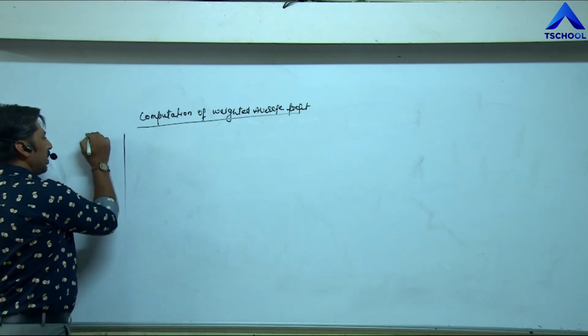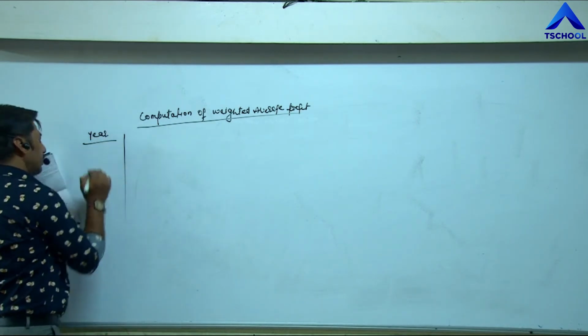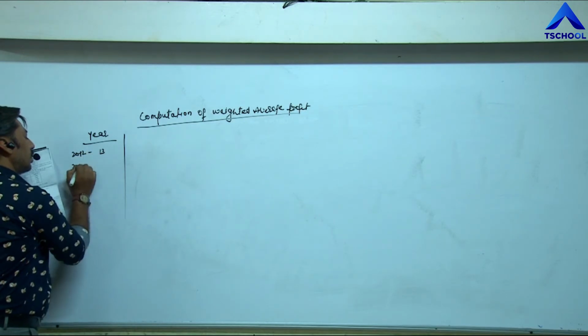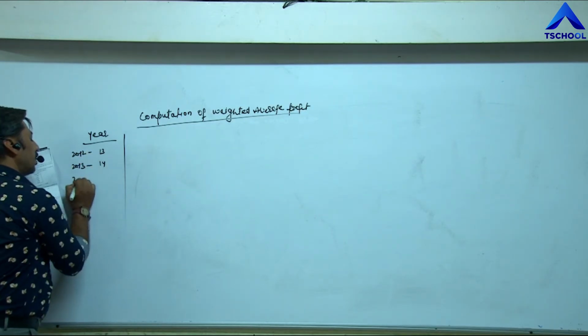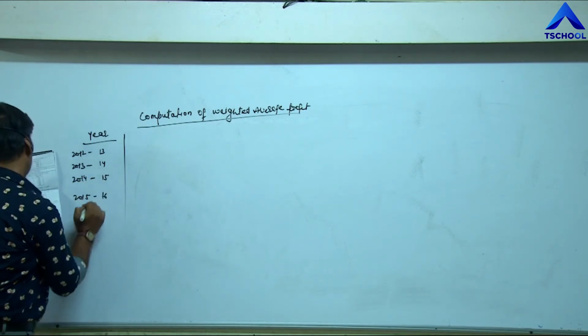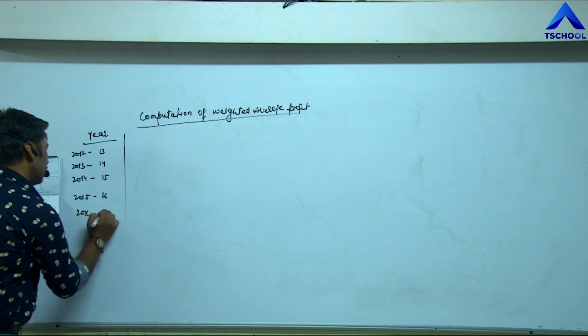So first of all, year we have to write. Year 2012-13, then 2013-14, 2014-15, 2015-16, and 2016-17.